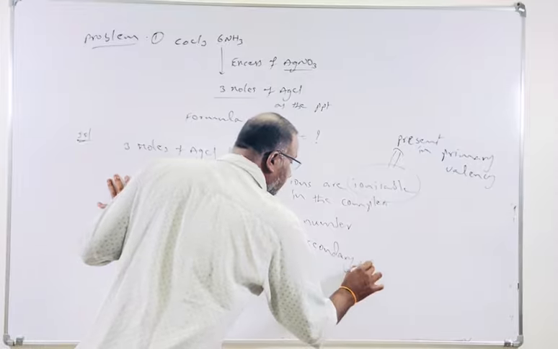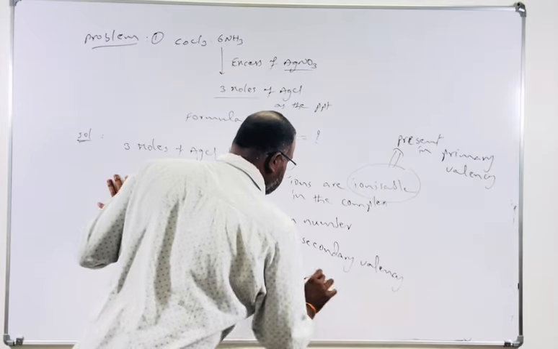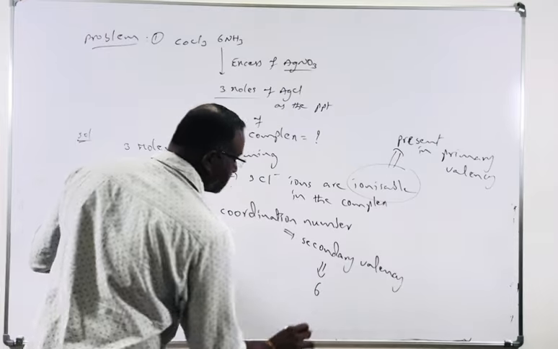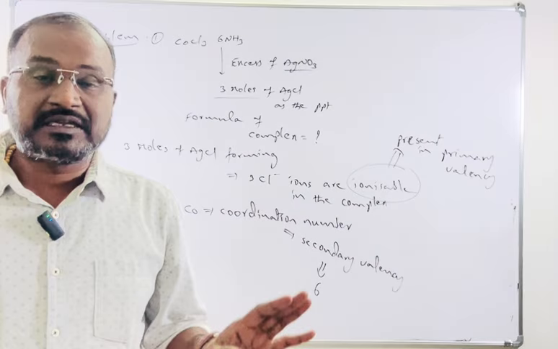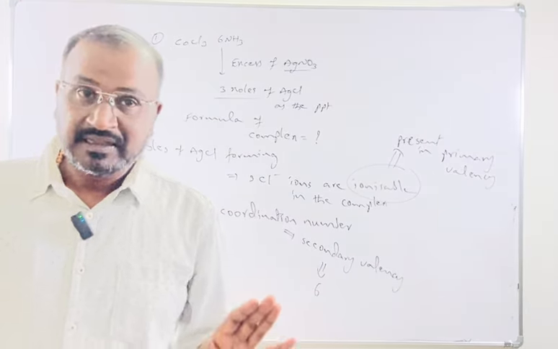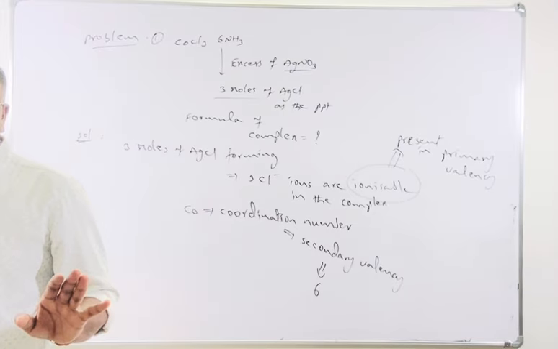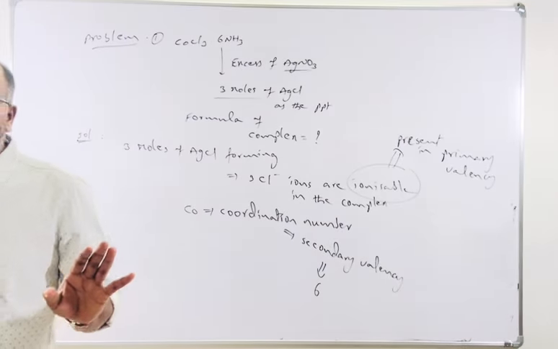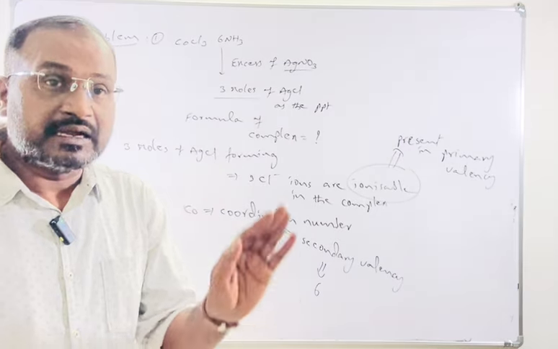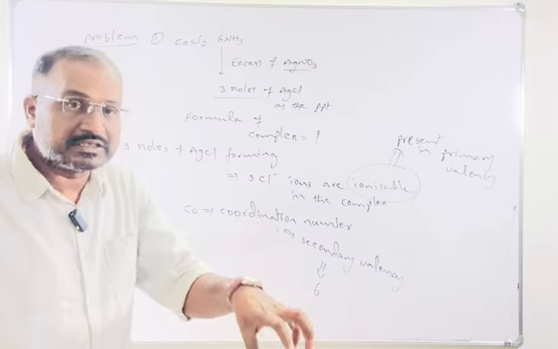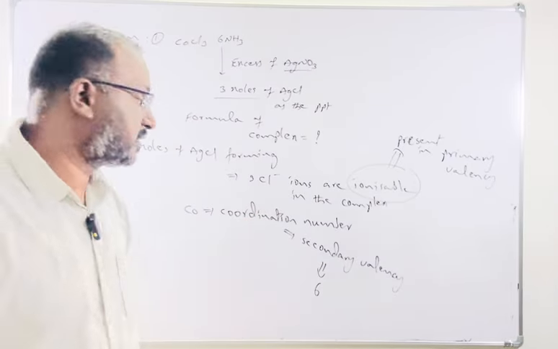The coordination number is 6, meaning 6 ligands are present inside the coordination sphere, and 3 chlorines are present outside the sphere.